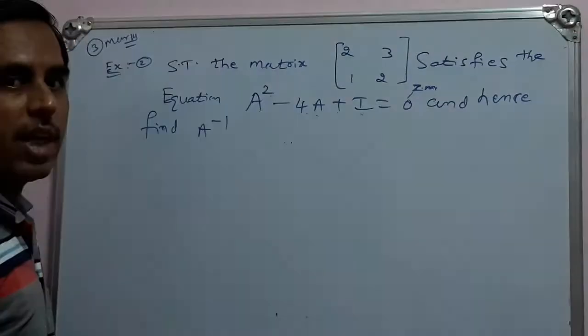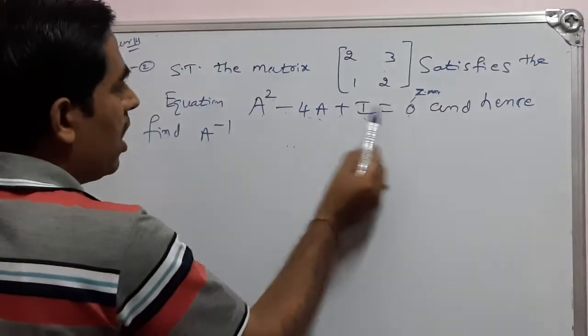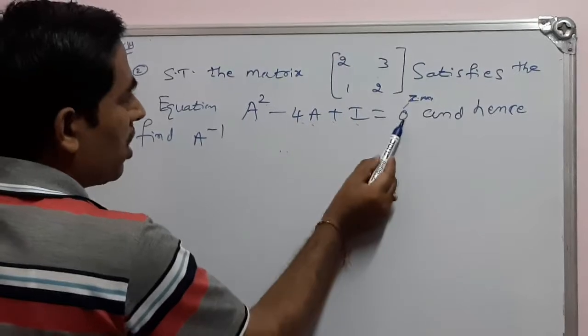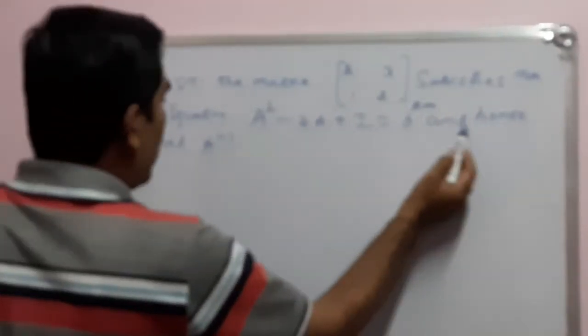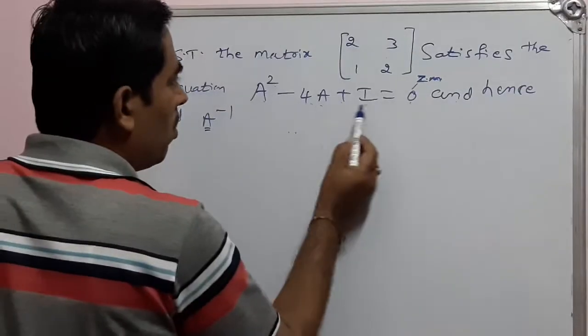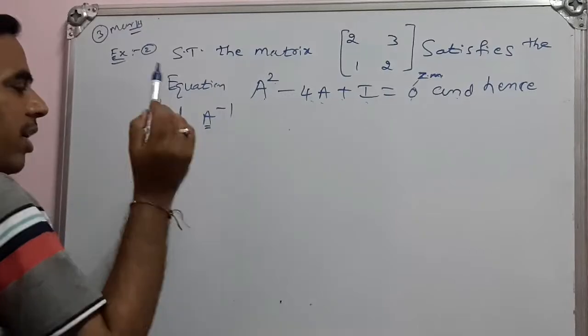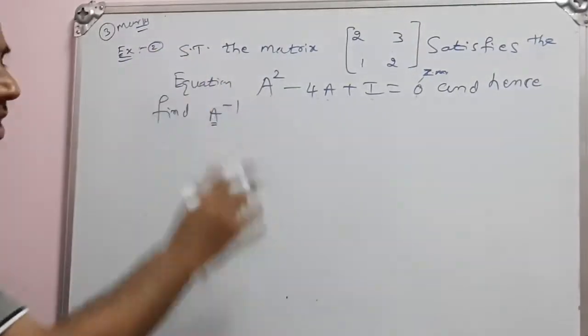After simplification we should get the zero matrix on the right hand side. First we have to verify that this will be 0, and hence using this we have to find the inverse of the matrix. So this is the question.